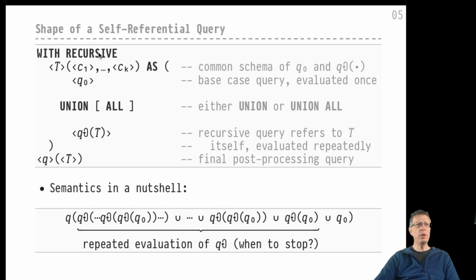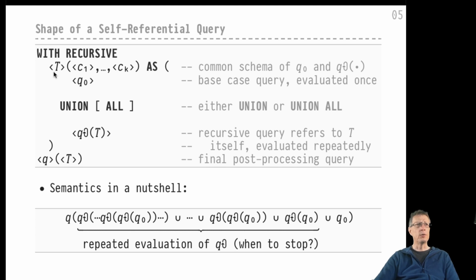Okay, so what would be the syntactic shape of such a self-referential query? This would be one such recursive common table expression, and I have simplified it in the sense that only a single common table is defined here. But this suffices to already express recursion.